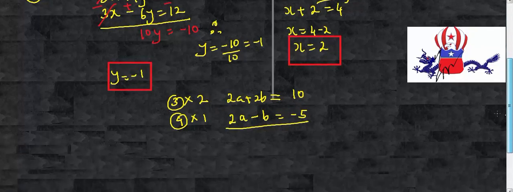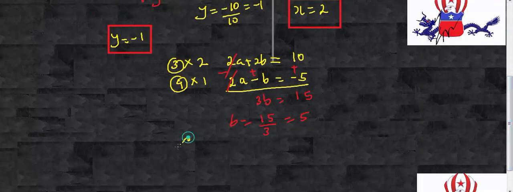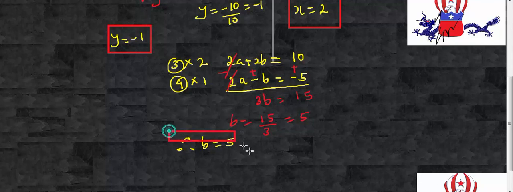When we subtract them, changing the signs, cancelling them, this would give me 3b equal to 10 plus 5, which is 15. So the value of b would be 15 divided by 3, which is equal to 5. So the value of b can be explicitly stated in a boxed manner, thus making it more attractive.